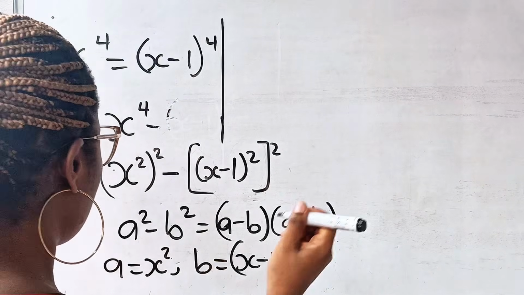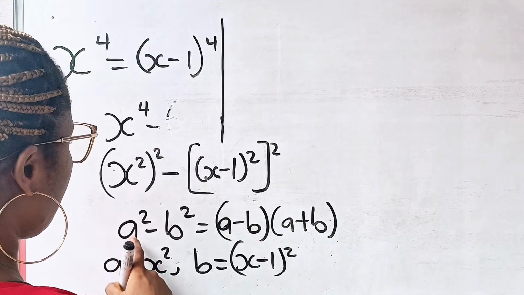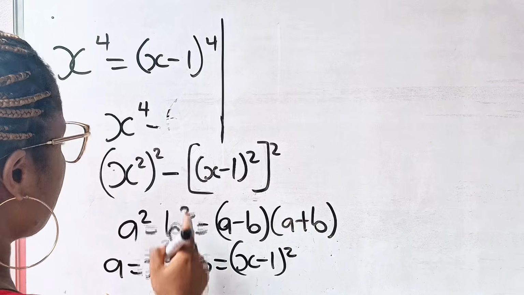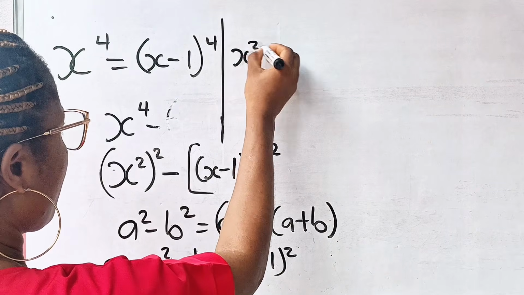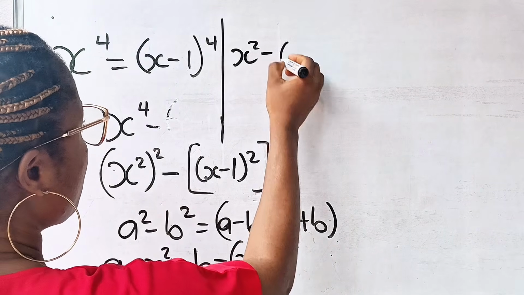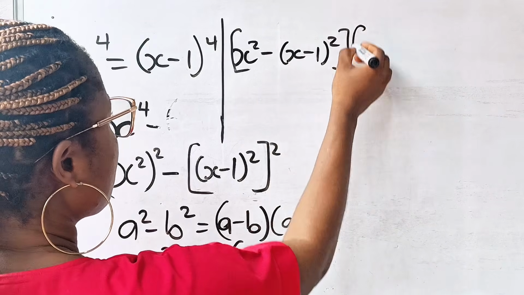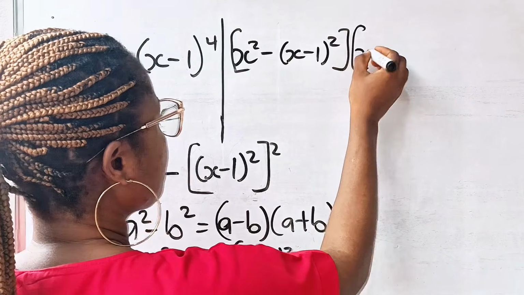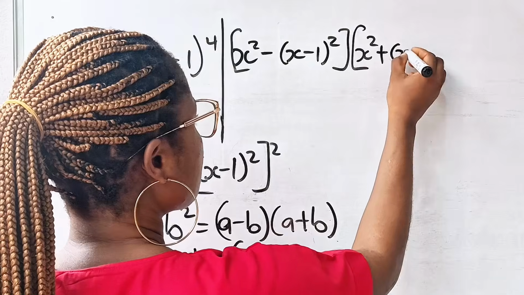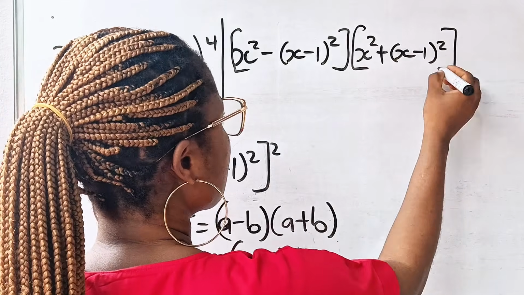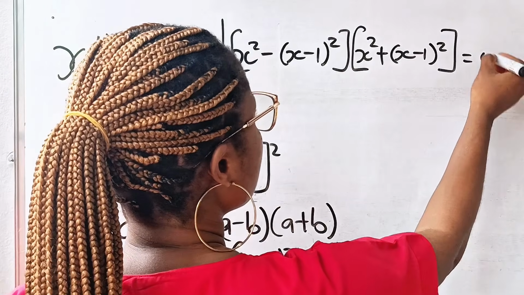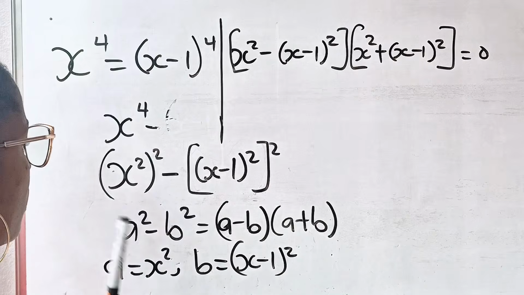Moving forward, this will now be (x squared minus (x minus 1) squared) multiplied by (x squared plus (x minus 1) squared).